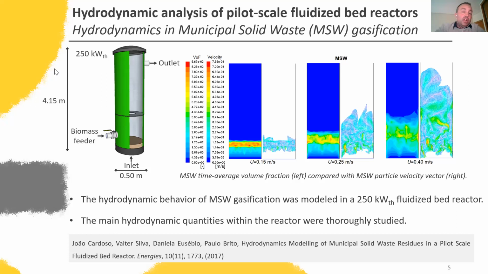But also, if we have a small velocity, maybe we are not promoting the interaction between the particles to react as well as we would like. So this is why it is important. We want to potentiate the reaction itself to get more products, but at the same time, we cannot exaggerate the velocity condition, because if we have a great dispersion inside the reactor, the output will not be very good.